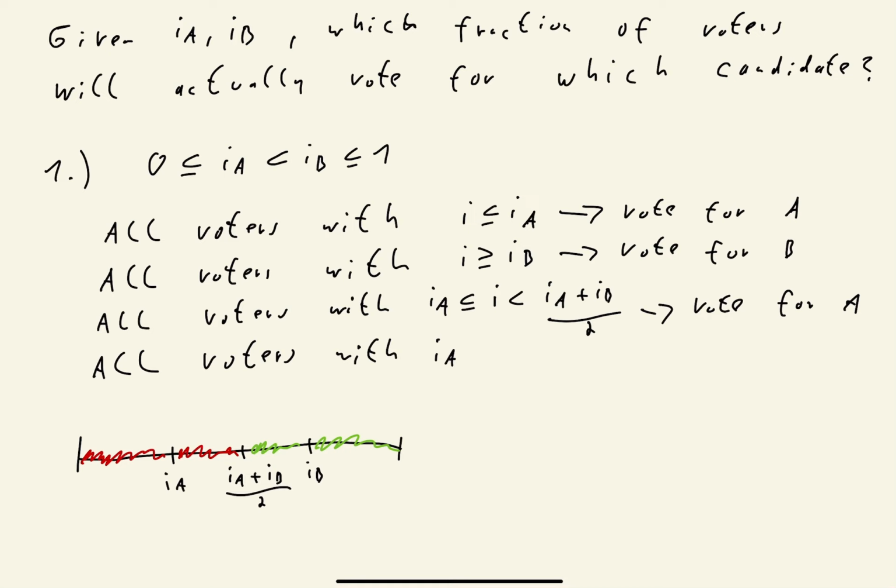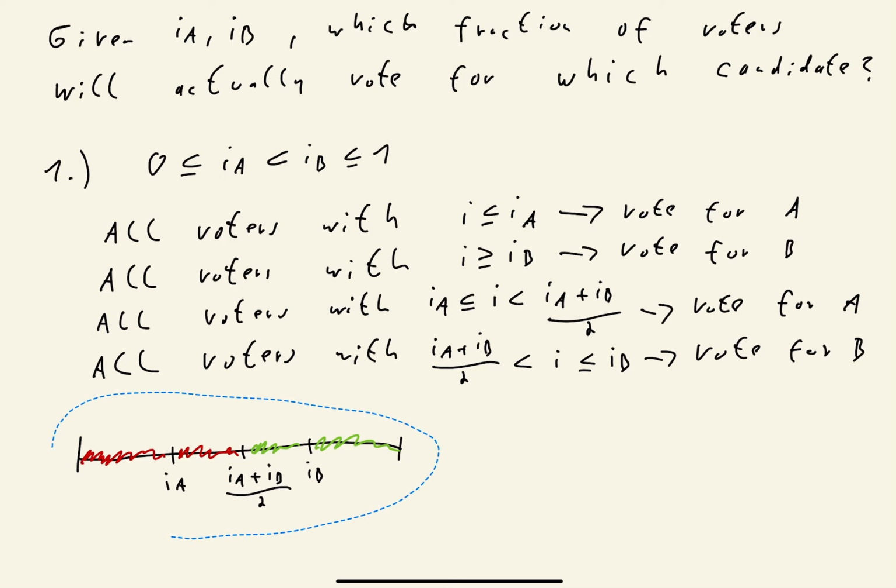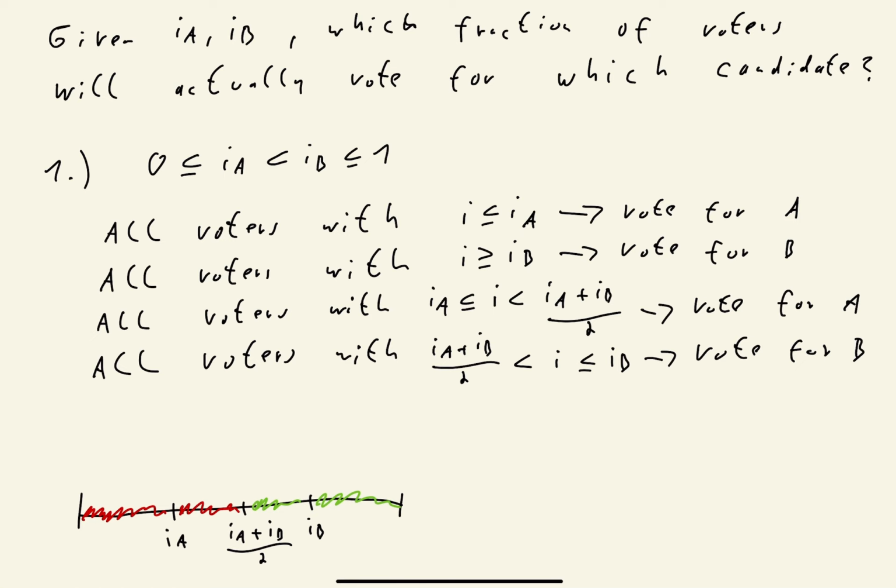All voters with IA plus IB divided by 2 being strictly smaller than I, and I being strictly smaller than IB, vote for B. And there's the last case, of course, where all voters with I being equal to IA plus IB divided by 2 randomly vote with 50% probability.